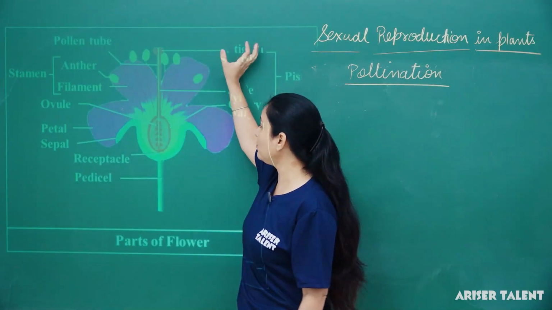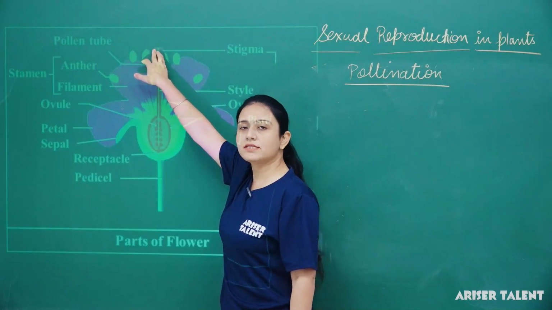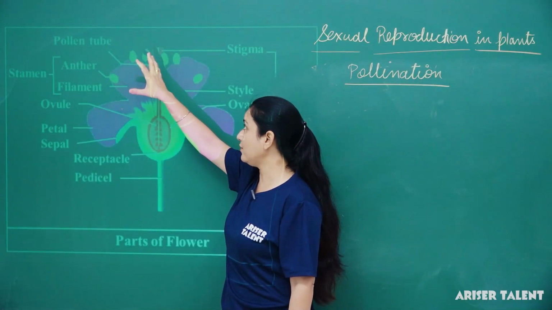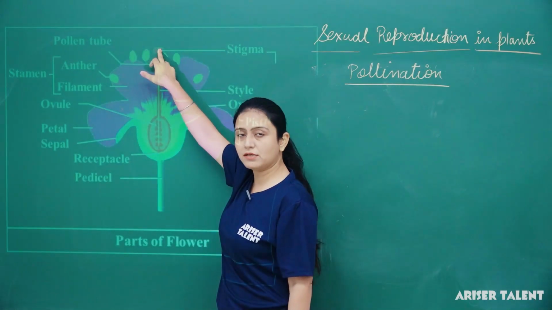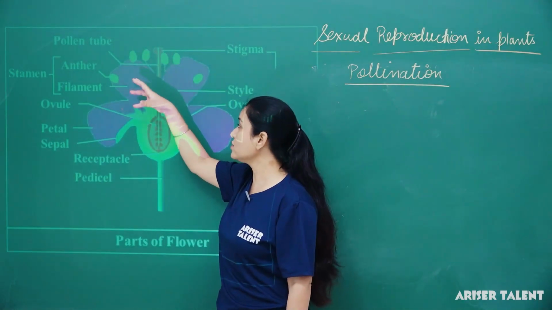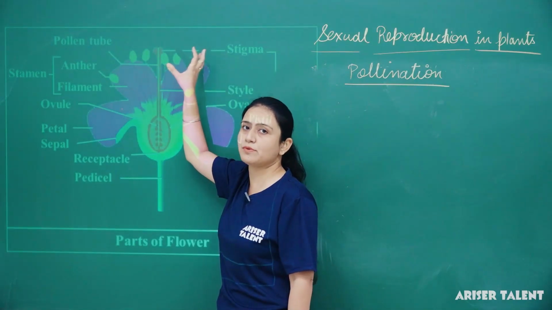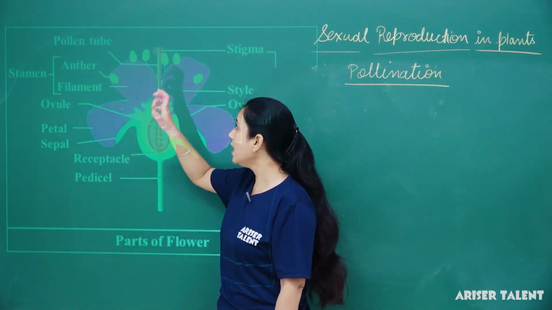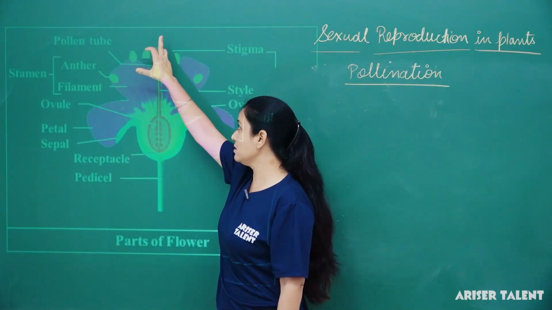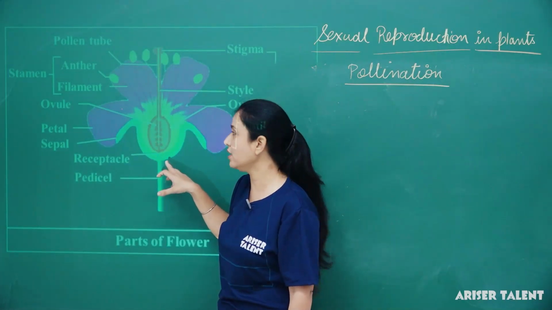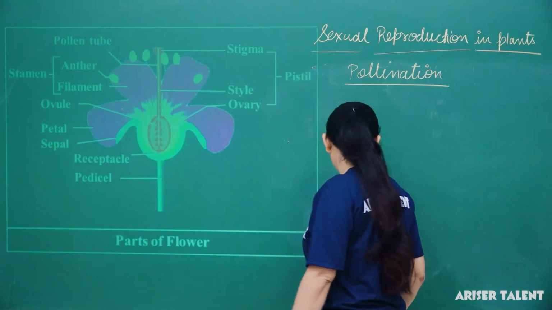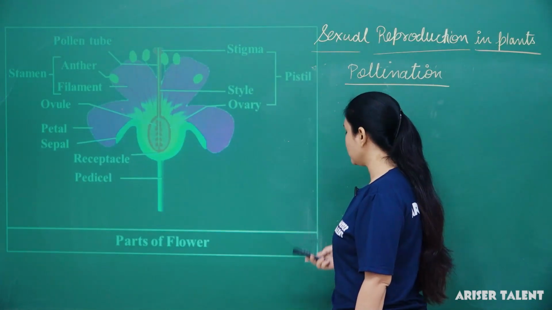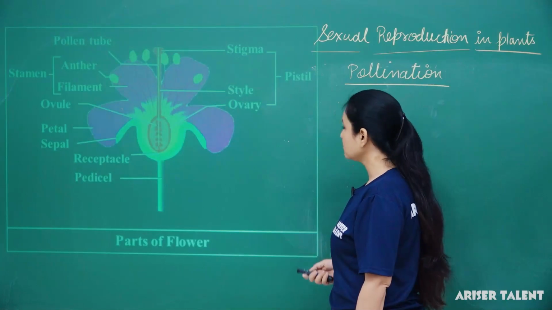When the pollen grains come on the stigma, they are induced by the sugary substance produced by the stigma, and then these pollen grains develop a tube-like structure and go to the ovary, which we will talk about in the next structure.